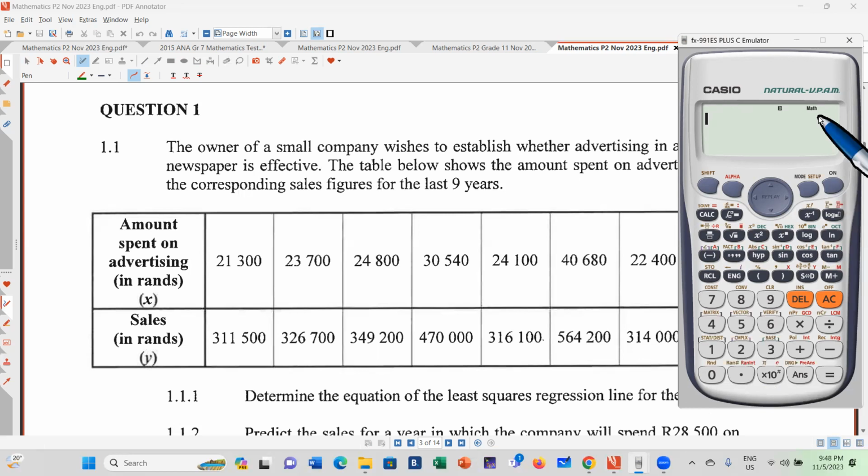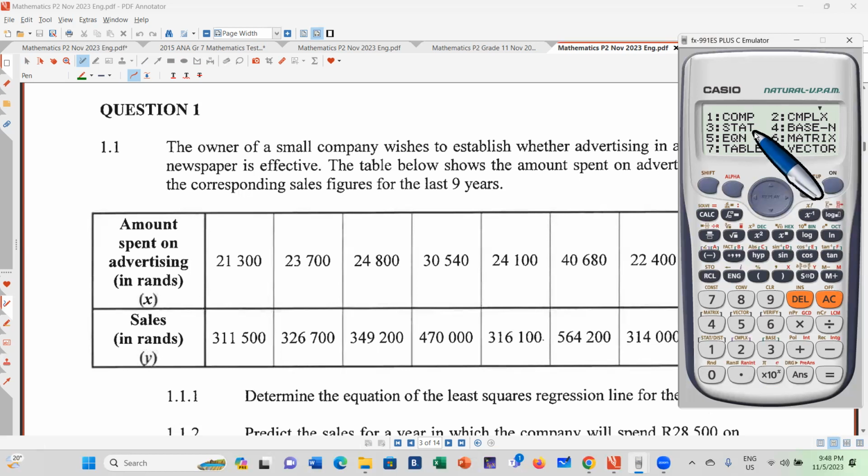Doesn't matter whether you have a Casio or any other calculator, your Sharp, etc. If you want to find the equation of the least squares regression, we shall also find the mean, the mode, and other things. But for the least squares regression line, you need to press mode first. Then you look, there's comp, there's stat, there's equation, there's table, there's complex, we don't need all the matrices and the vectors.